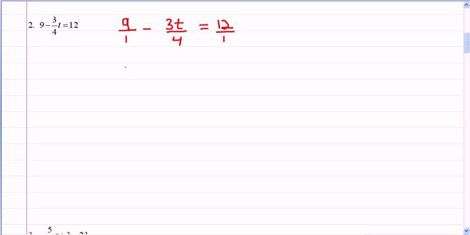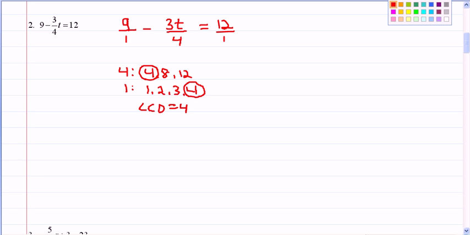So if I take my denominators of 4 and 1 and I list the first few multiples of 4, remember, this is just like adding and subtracting fractions when you're finding the common denominator for equations, and the least common denominator is 4. So you want all of the denominators to be 4 so that you can cancel them.